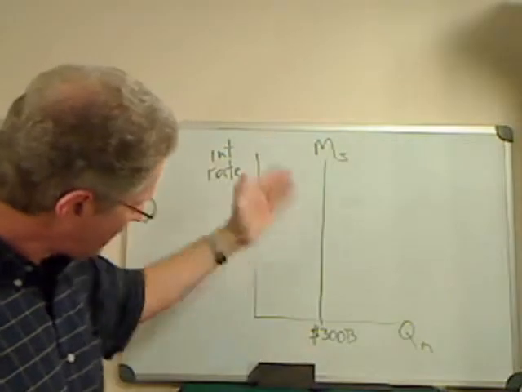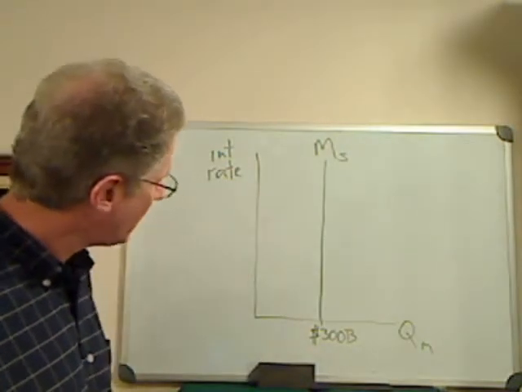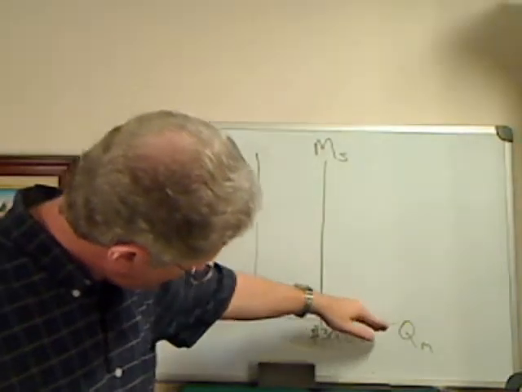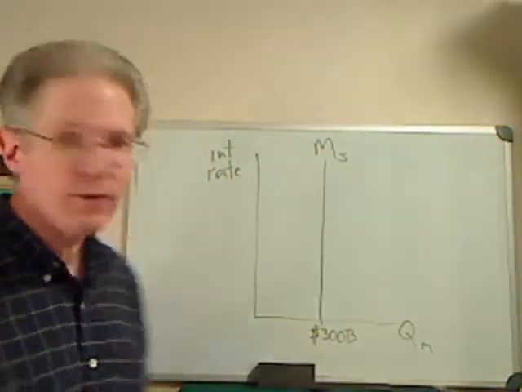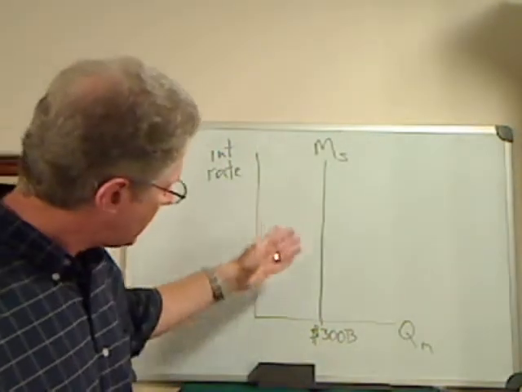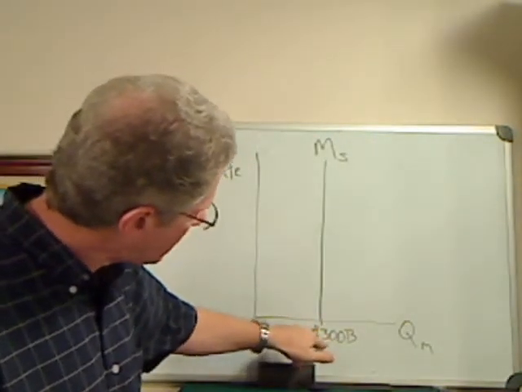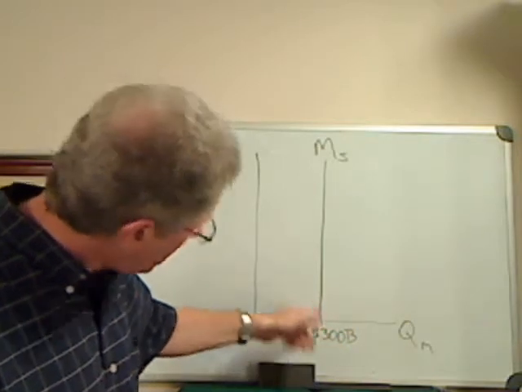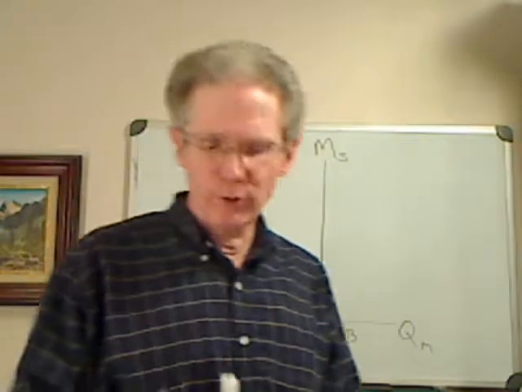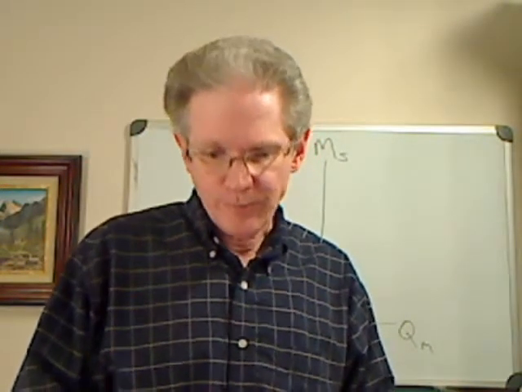So I'm sorry, a vertical curve, not upward sloping. Upward sloping would mean as the interest rate rises, the quantity of money available would increase. Since we're assuming that the Fed is keeping the money supply at $300 billion, then that's what it will be, regardless of what the interest rate is. So the money supply curve is simply a vertical line.